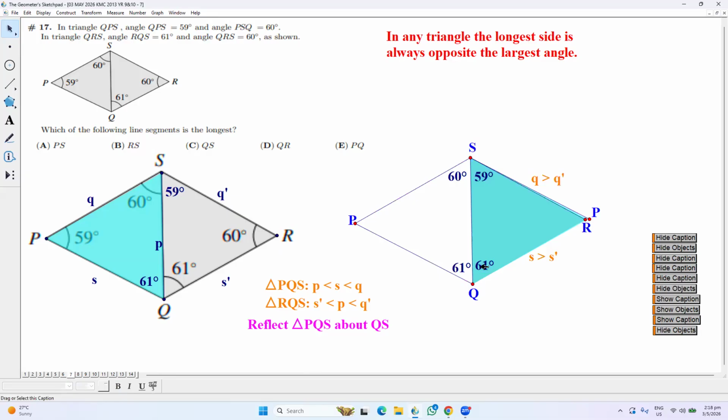So 61, 61 equal. Then from what we know here, S is less than P, so S prime is less than P, so S prime is less than S. This side is shorter, the S is longer. Then these two, Q and Q prime, we cannot conclude anything yet.